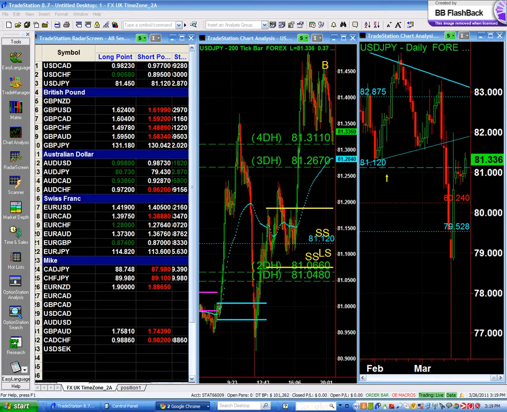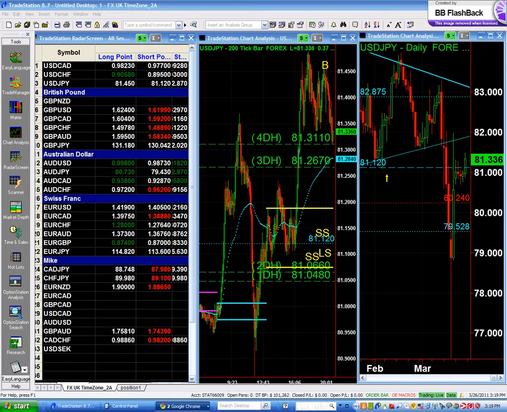But what usually happens in intervention is that the central banks that are planning to intervene are not going to intervene the moment the price penetrates the 81.12.